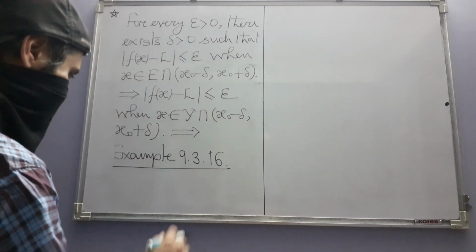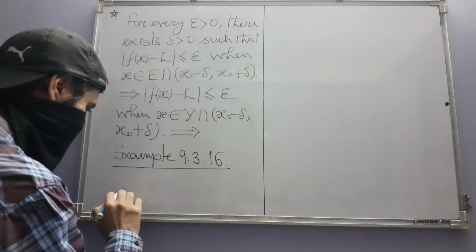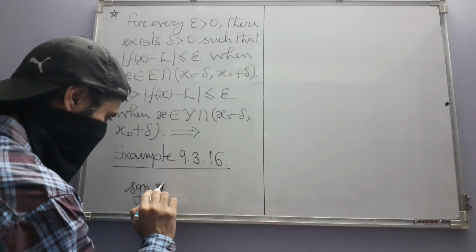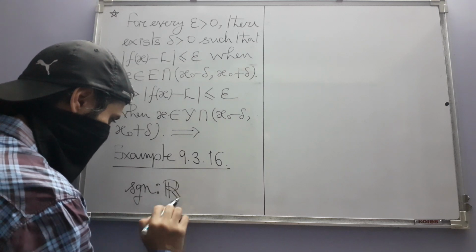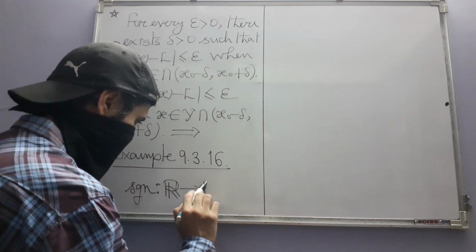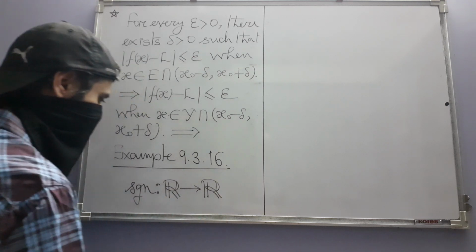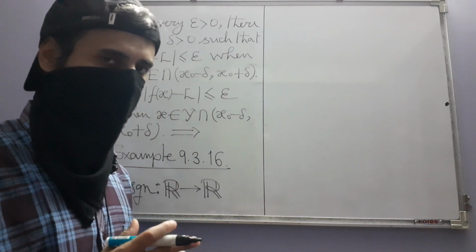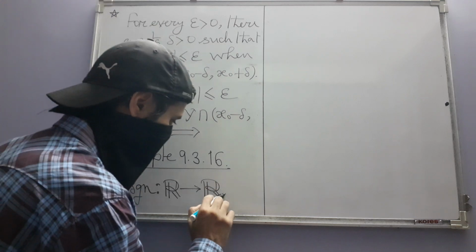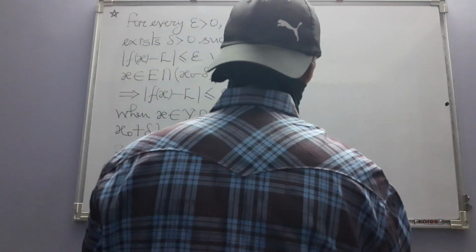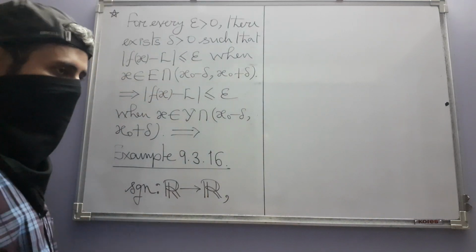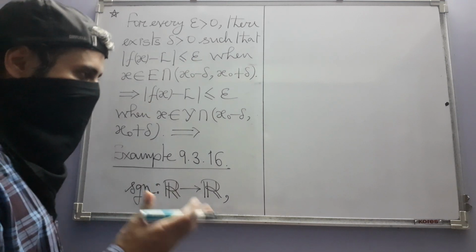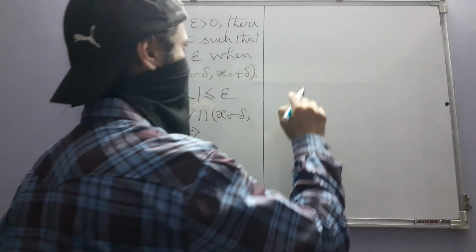We just need to write the function. The function here is that you may already have seen this elsewhere, the signum function. Anyway, what it's called is not that important. What the function is or what it does to the inputs, that is important.